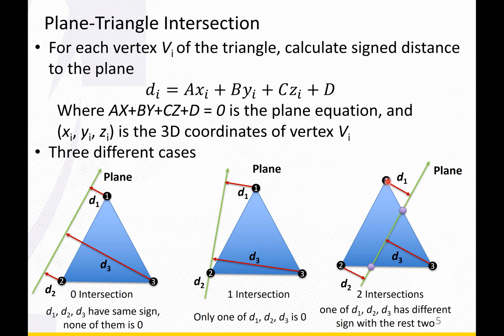So basically, if the cutting plane intersects the triangle at the edge of the triangle, that could be one special case instead of just one intersection. For example, if this plane just goes through 1 to 2, then you will have an intersection on 1 to 2, right? You end up with a series of line segments.